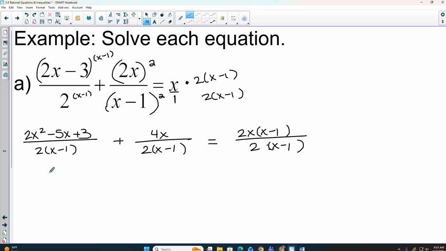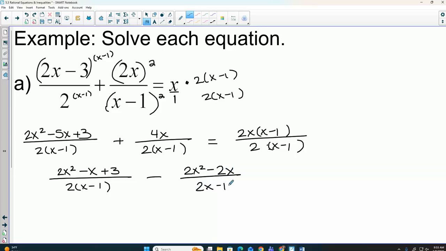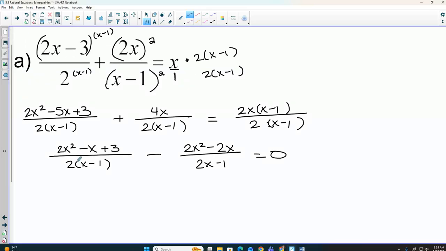So we add like terms. These have the same denominator, so we can add these together. So we get 2x squared minus x plus 3. Denominator doesn't change. I need to bring this over, so I'm going to subtract it over. We can distribute that 2x. All right, if I want to subtract that fraction, what do I need to do with my negative?